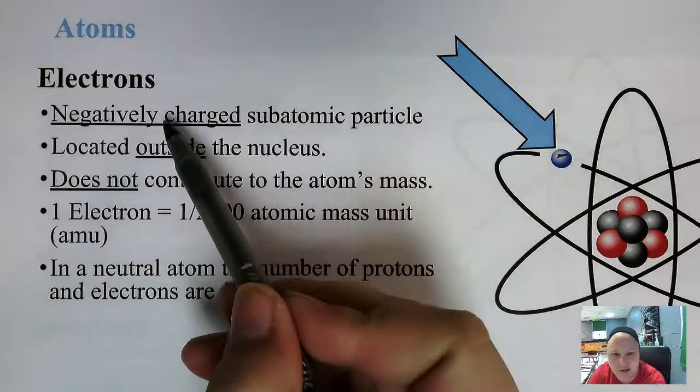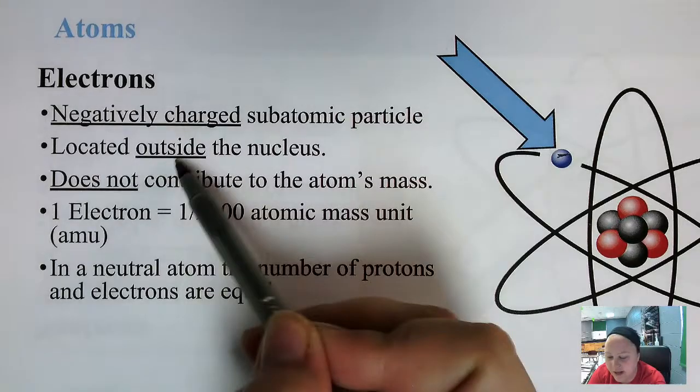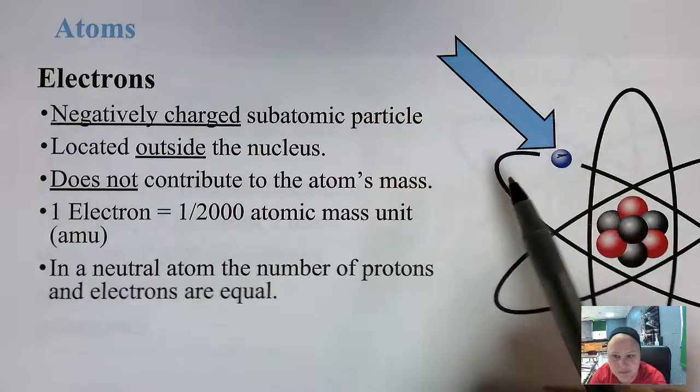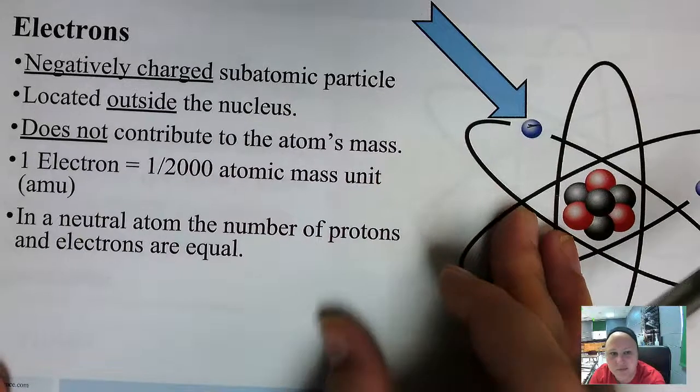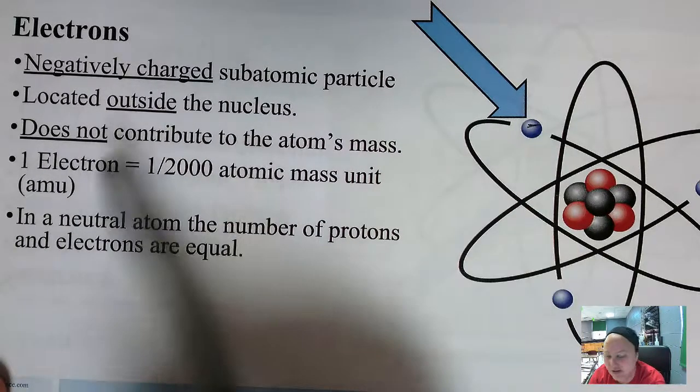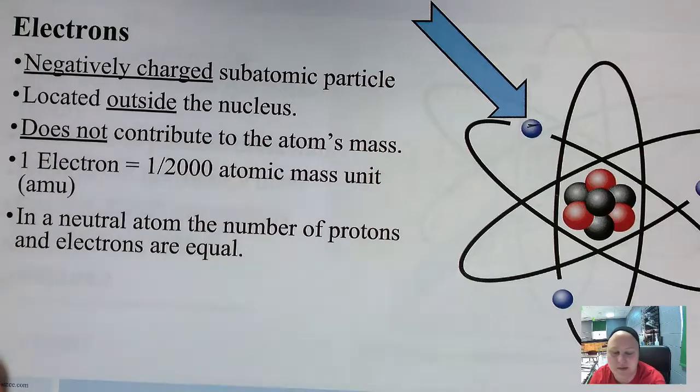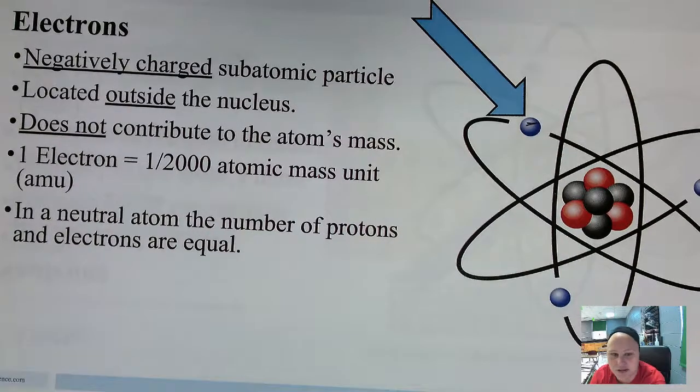Electrons are negatively charged. They're located outside the nucleus, in the electron cloud or in the shells. They do not contribute to the atom's mass, so when we talk about the atomic mass of an element, they don't contribute to it.